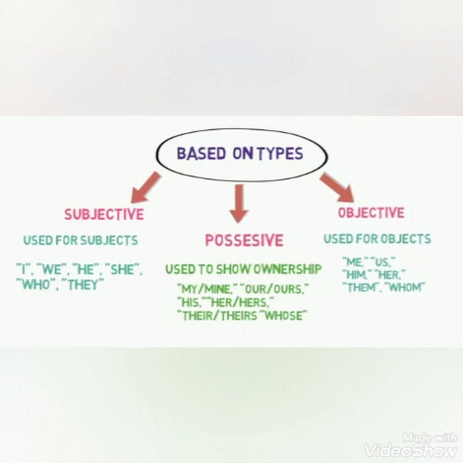My, mine, our, ours, his, her, hers, their, theirs and whose are examples of possessive pronouns. Next is objective, which is used for addressing objects. Me, us, him, her, them and whom are examples of objective pronouns.